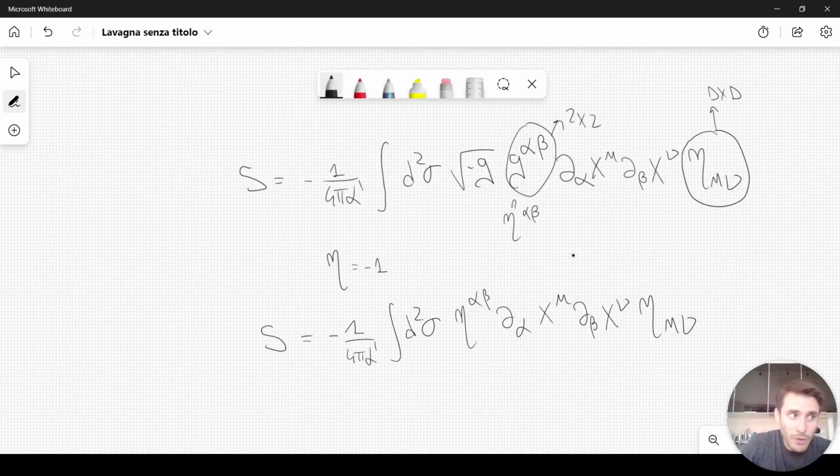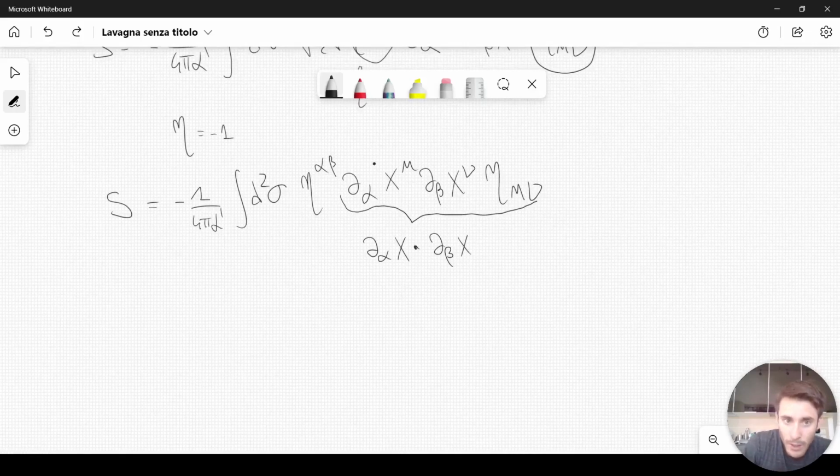And remember also the notation that we can use. So instead of writing these products, we can simply write d alpha x dot product d beta x like this. And then if we want, we can also rewrite all this with a more concise notation, because eta alpha beta times d alpha x dot product d beta x can also be written like this.